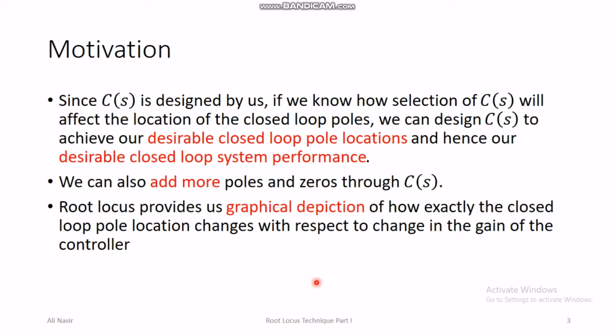We have also seen that C(s) is something that is in our hands, so we design C(s). So if we know how the location of the poles changes in response to closing the loop and maybe increasing the gain or overall magnitude of C(s), then we can set the closed loop poles at the desired location and get our desired closed loop performance.